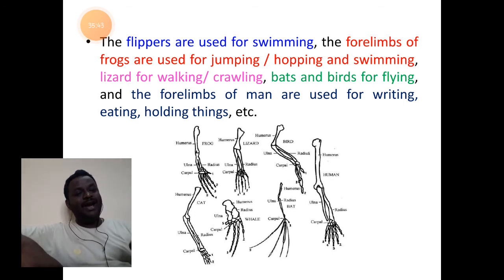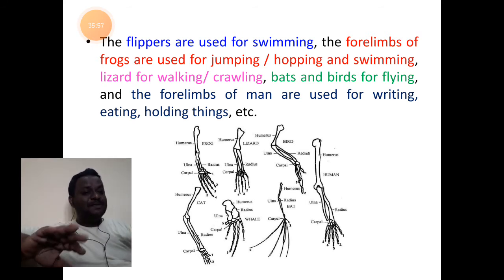Flippers are modified forelimbs present in mammalian, aquatic vertebrates, of course, like dolphins and whales. So the forelimbs as flippers are used for swimming in water.